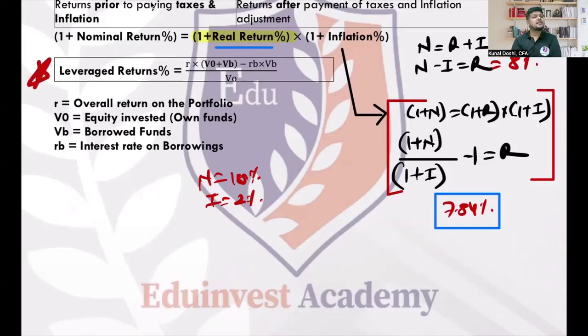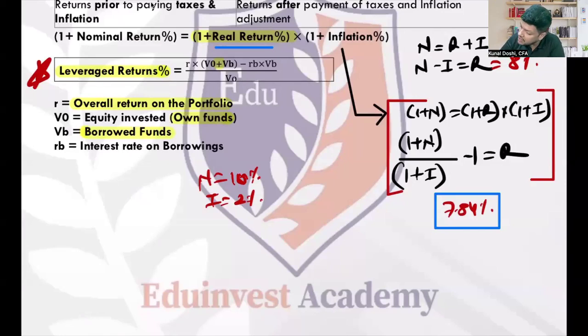Now, the last form of returns that you have in your syllabus is leveraged returns. These leveraged returns are, by the way, calculated in equity also, in portfolio also, in alternatives also, right? What are leverage returns? Now, there might be some correction in some of the books. I will discuss that. So first of all, it is R, the overall return, times V0 plus VB. V0 is your own funds and VB is borrowed funds. Got it?